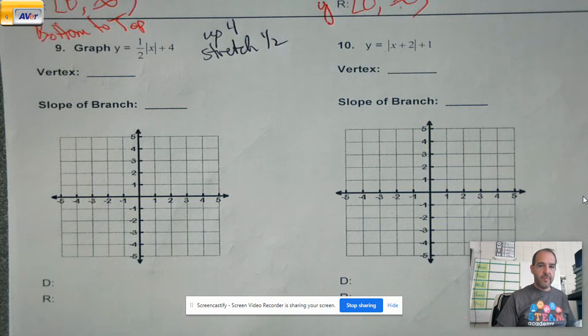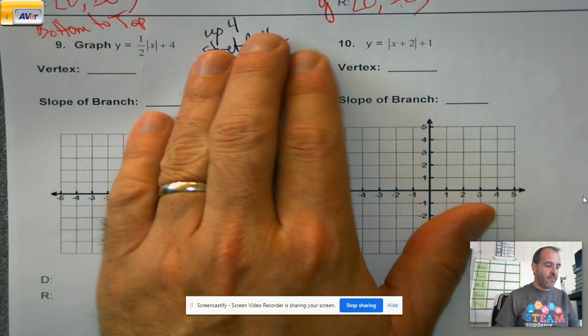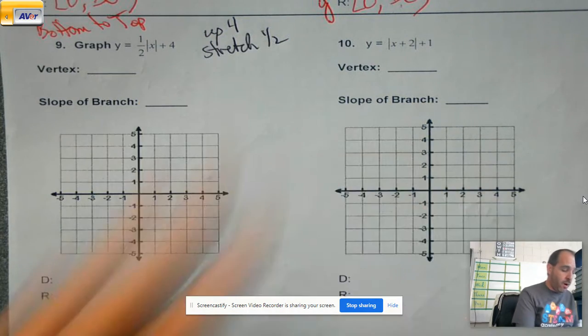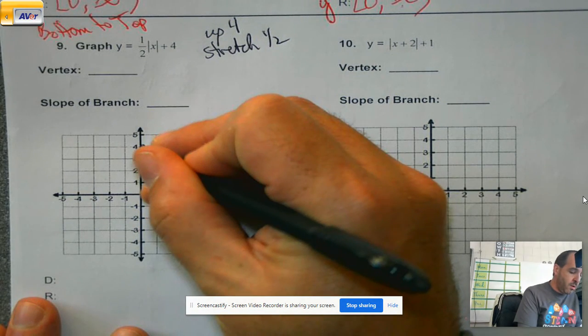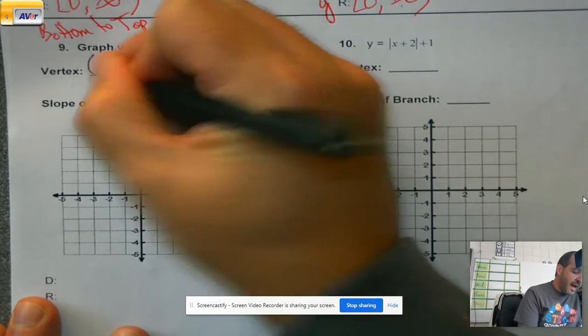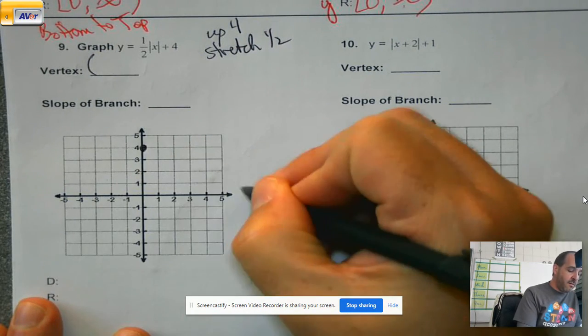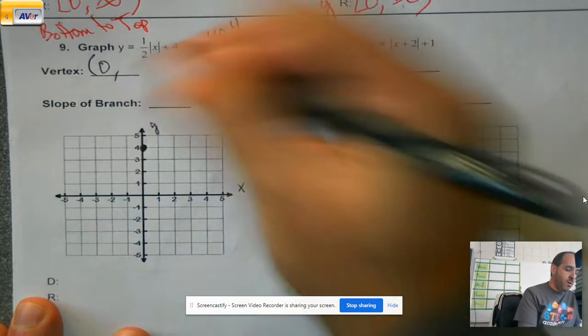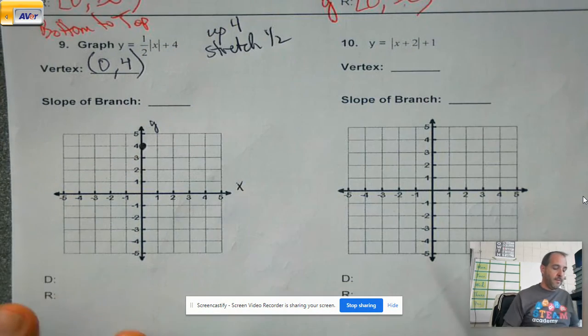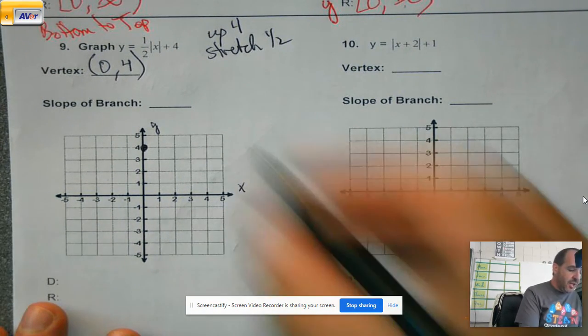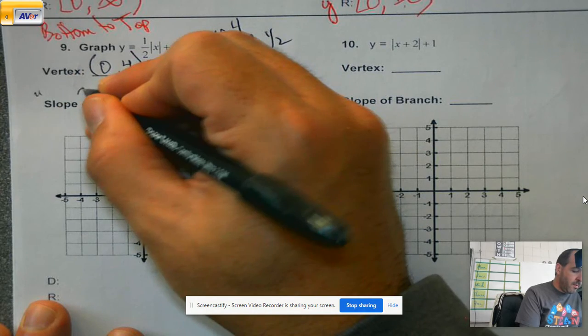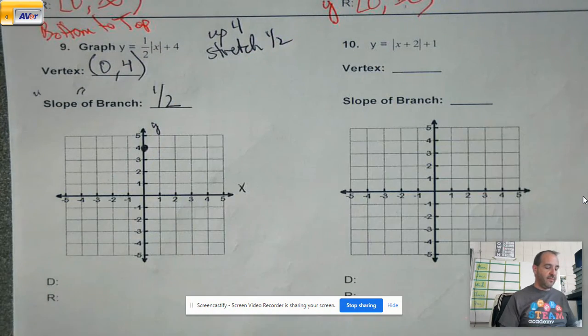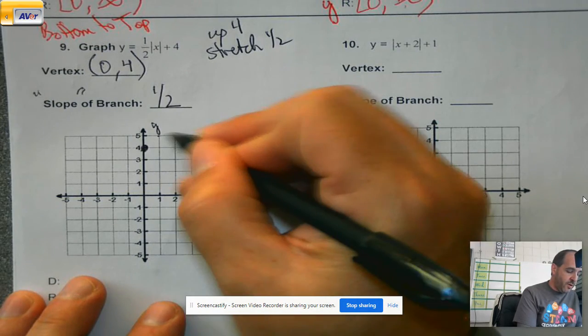Now, the stretch won't change my vertex. Up and down does. Up 4. 1, 2, 3, 4. My vertex didn't move left or right any. 0. And up 4. Okay. My slope is a positive 1 over 2. So what do I do? Up 1 and over 2.